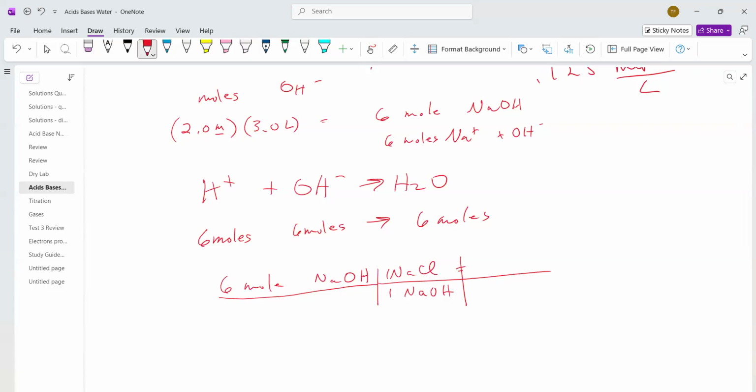Well, 1/1, that goes away, right? So we made 6 moles of sodium chloride.